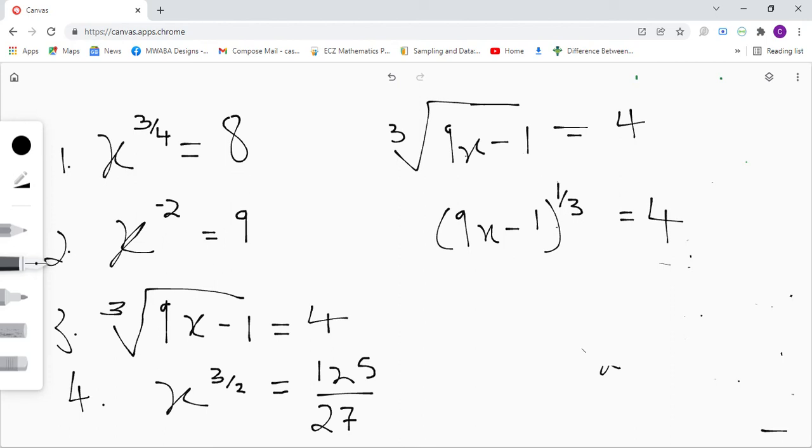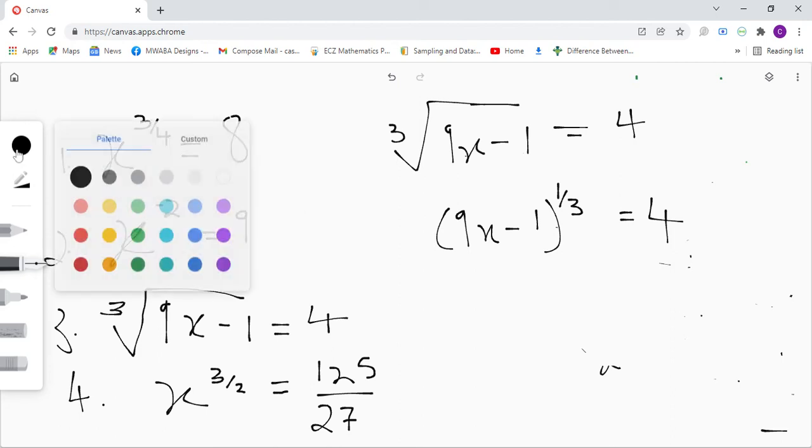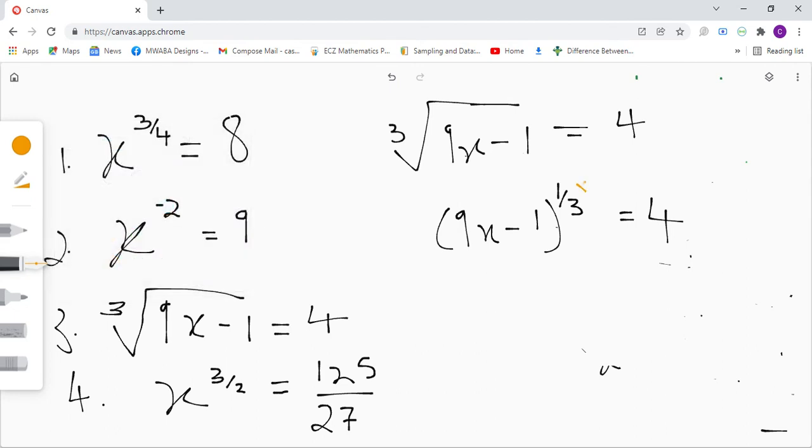So we have to get rid of this power here so as to find the value of 9x. So both sides we're going to multiply by the reciprocal, which is 3. So we're going to multiply this by 3. And over here we're going to multiply by 3.